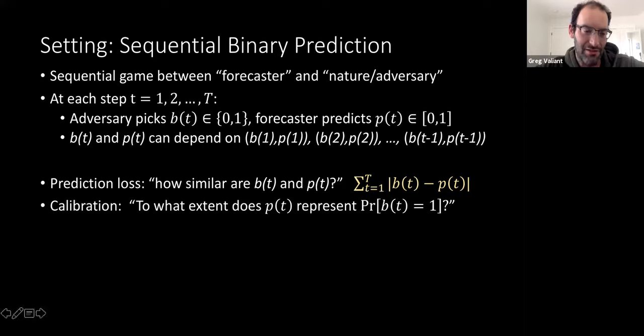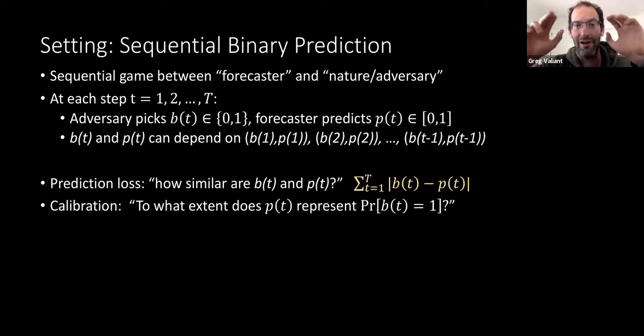Calibration tries to characterize to what extent our predictions actually correspond to probabilities. When we say, I think there's a 60% chance of rain today, to what extent does this 60% actually correspond to a probability?